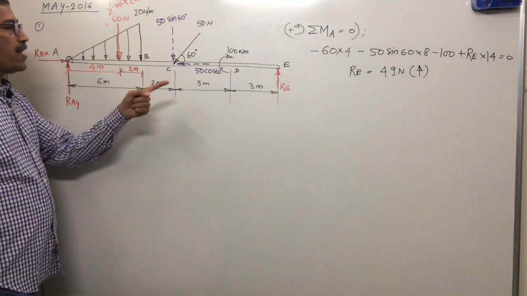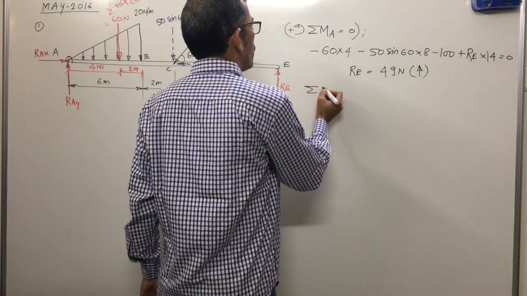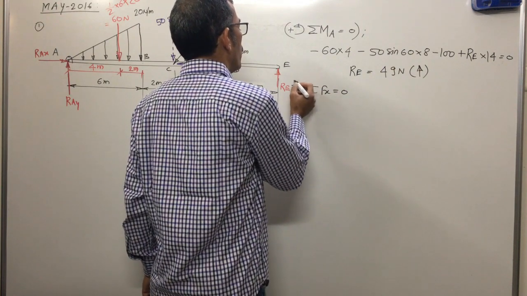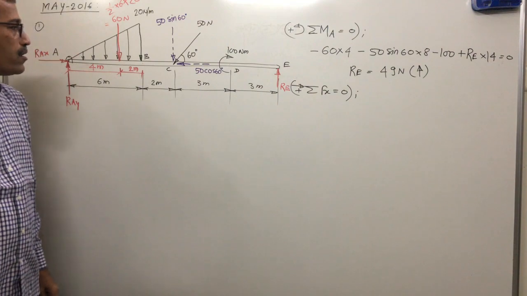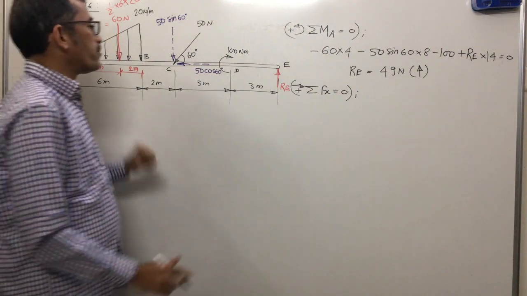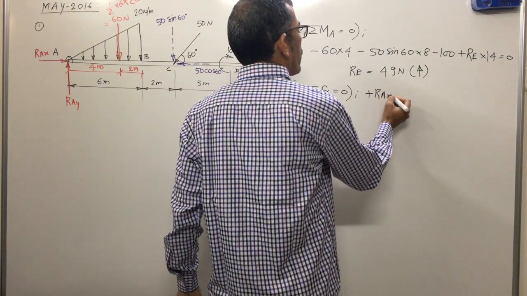Now the other reaction. Since you have Re, summation of Fx equal to 0 will apply. That means the summation of all forces along the x-axis, assuming rightward forces positive. Now concentrate on only horizontal forces. One is Rax, rightward means positive, plus Rax.